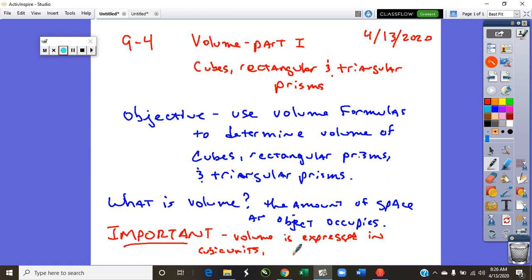And what that means is there's a 3 as an exponent. For example, 92 centimeters cubed, 15 inches cubed. That's what I'm looking for with volume.